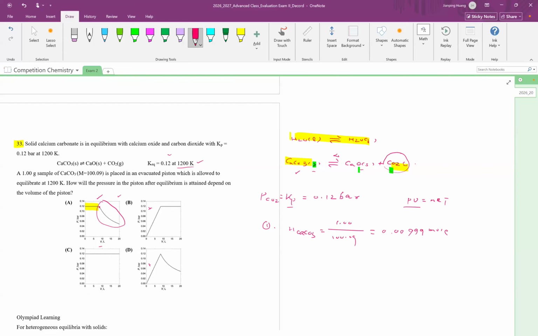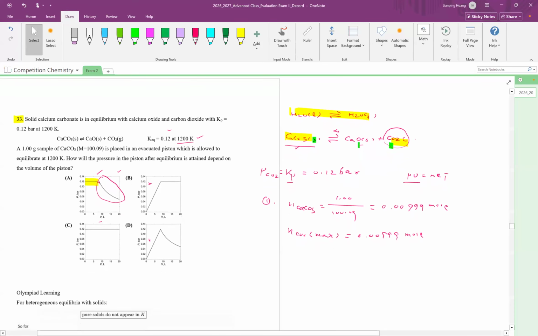Now, if all the calcium carbonate decomposes, so you get nCO2, and that is the maximum. That should equal 0.00999 moles. 1-to-1 ratio.